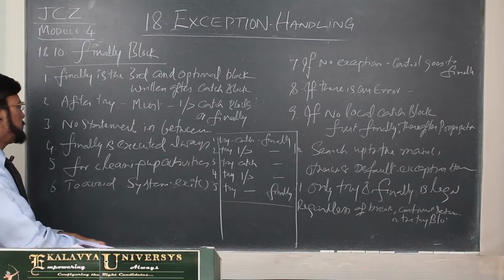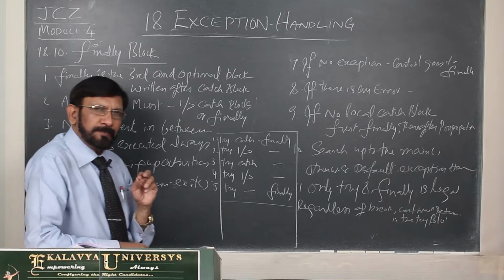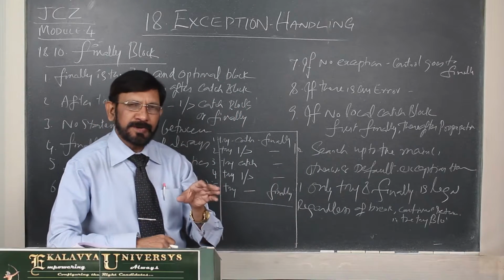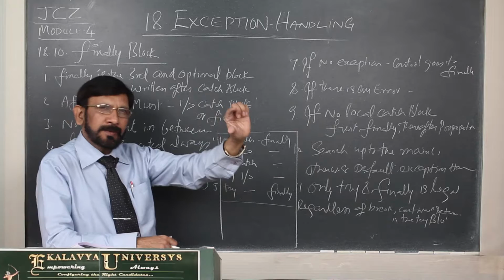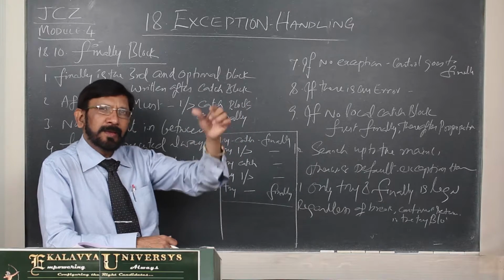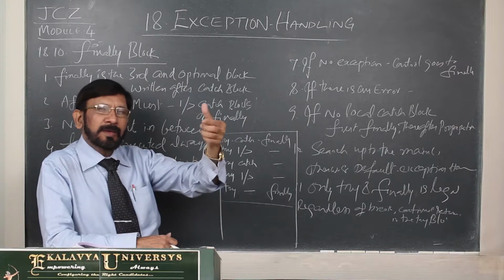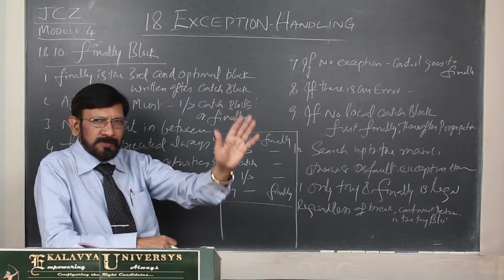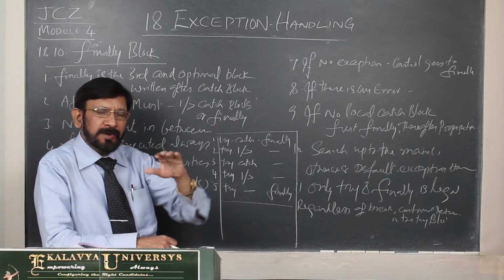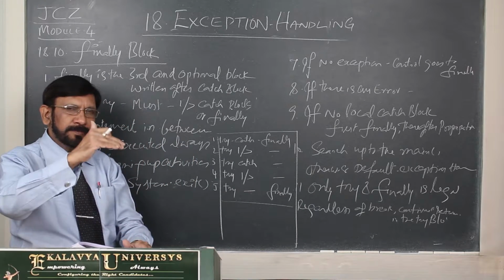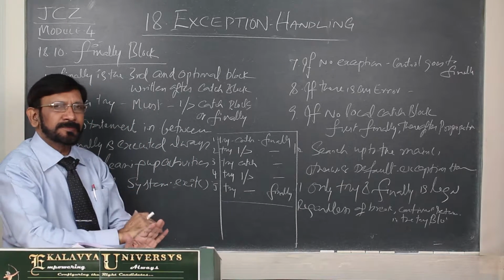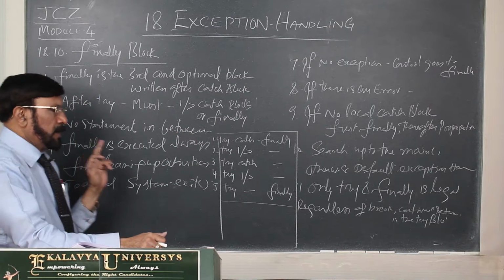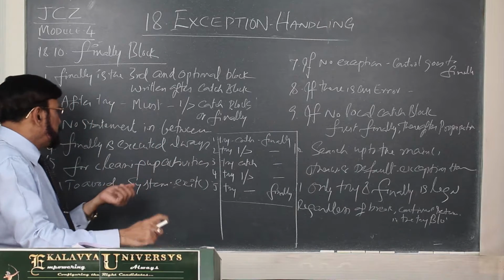And, as I already explained to you, we should not write any other statements between a try block and a catch block, or between a catch block and finally block. Once exceptional blocks are started, we should not write any statements in between them. That point you must remember.